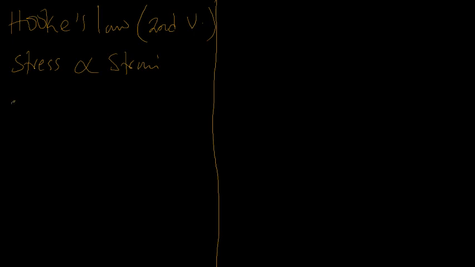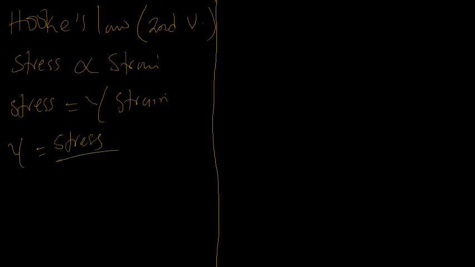As usual, if you remove the sign of proportionality, we introduce a constant. In this case, this constant will be our Young modulus or elastic modulus. Some textbooks use E. So the Young modulus is the ratio of stress to strain.